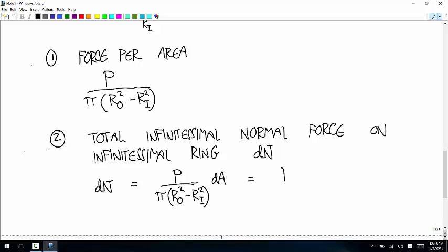And that's equal to P over pi times the quantity r outer squared minus r inner squared times, we have an expression for dA that we got up above, so that's 2 pi r dr.